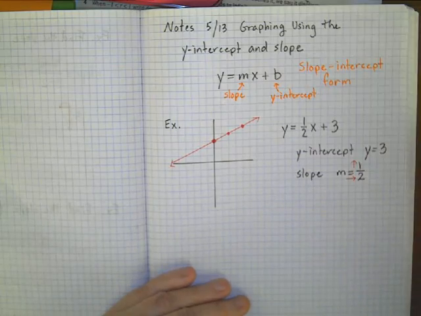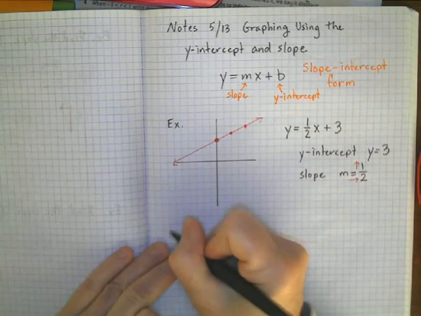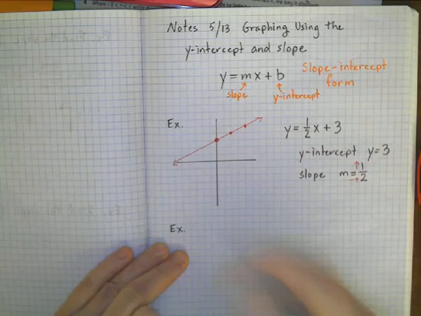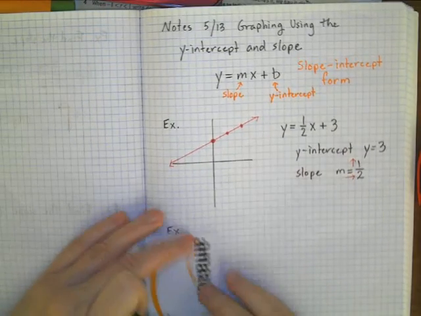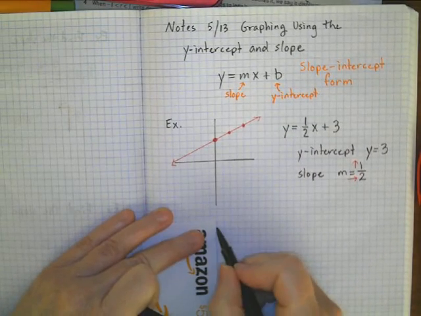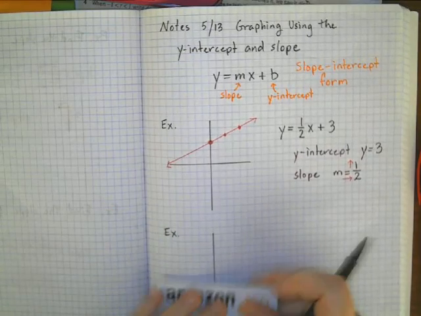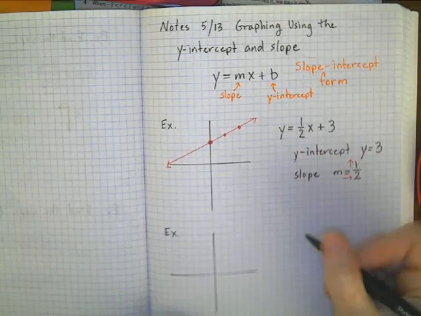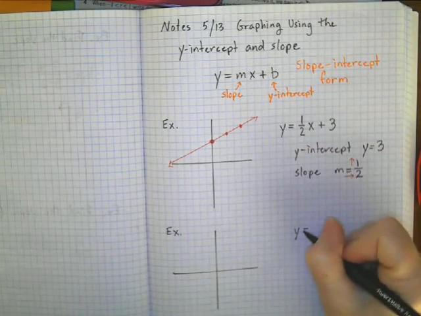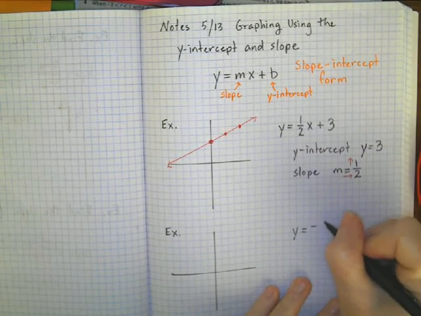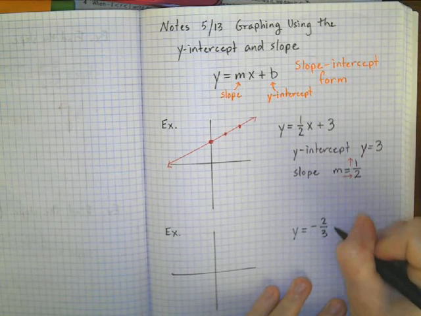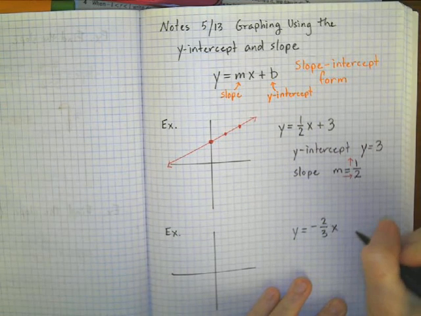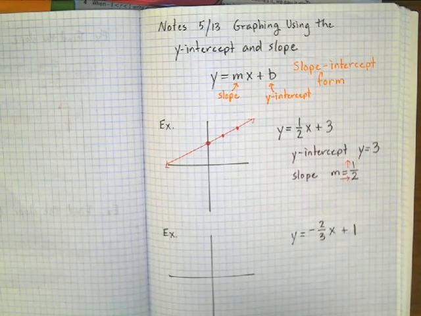Okay, let's do another one. So let me set up. Y equals negative 2/3 x plus 1. Okay, so here's our next one.